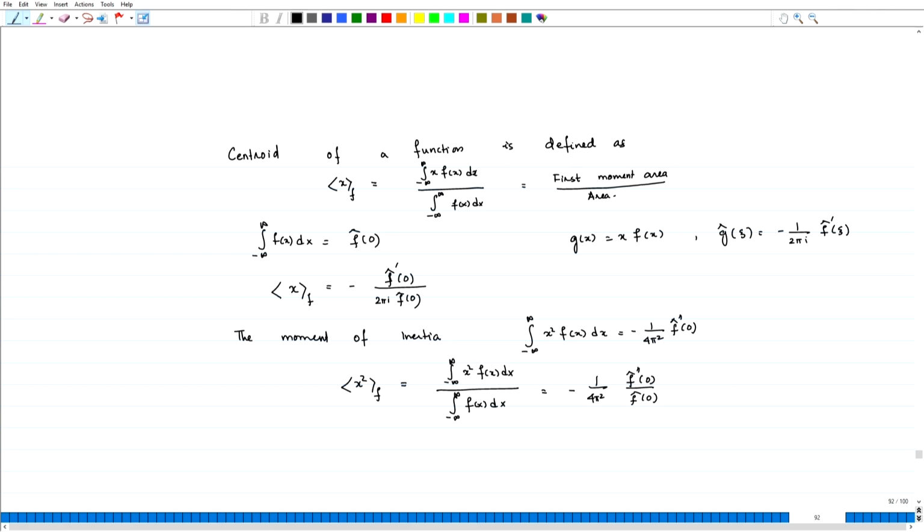So, in statistics, this x square is called the variance of a frequency distribution function.